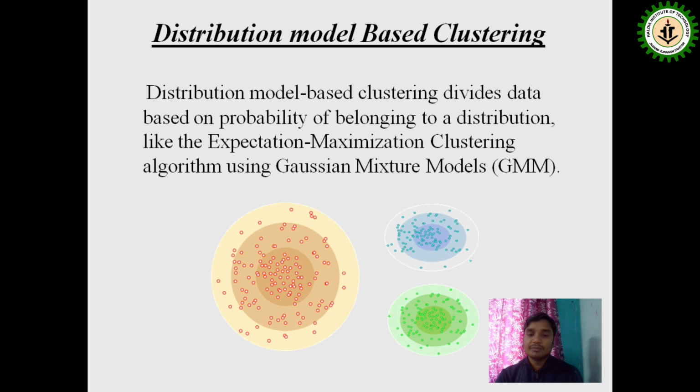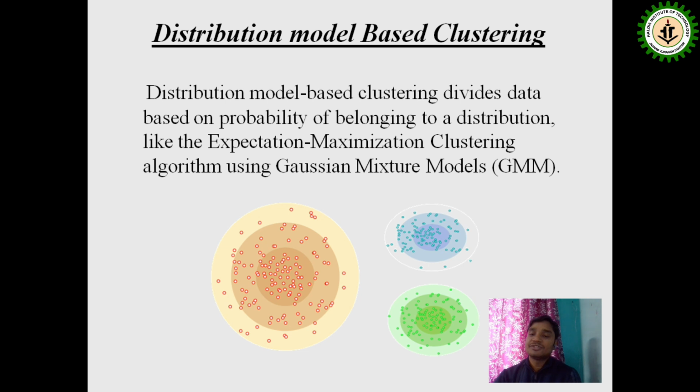In the distribution model based clustering method, the clusters are based on the Gaussian mixture model. The data is divided based on the probability of how the data set belongs to a particular distribution.